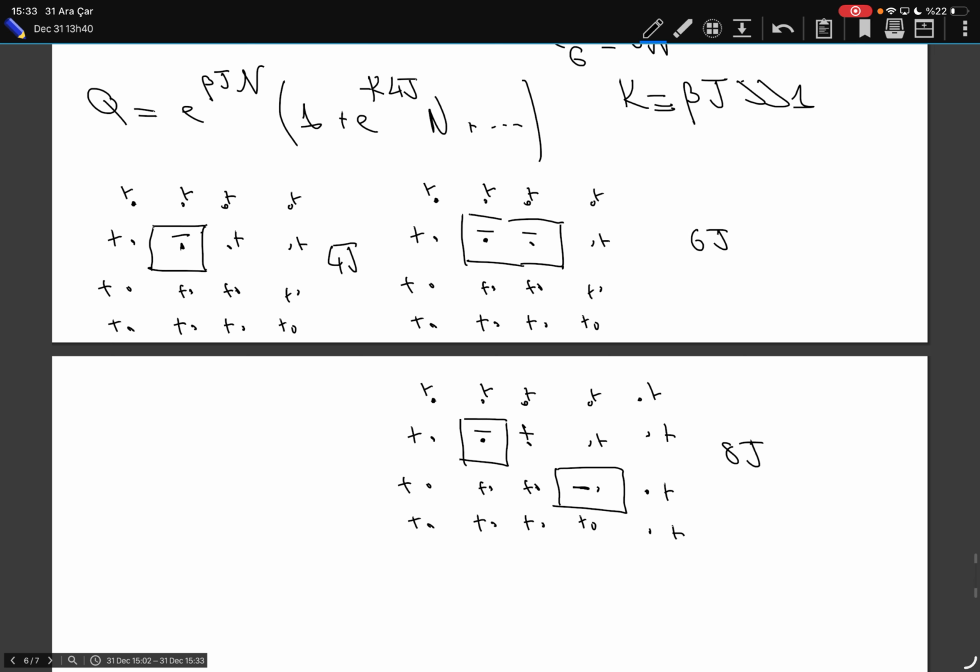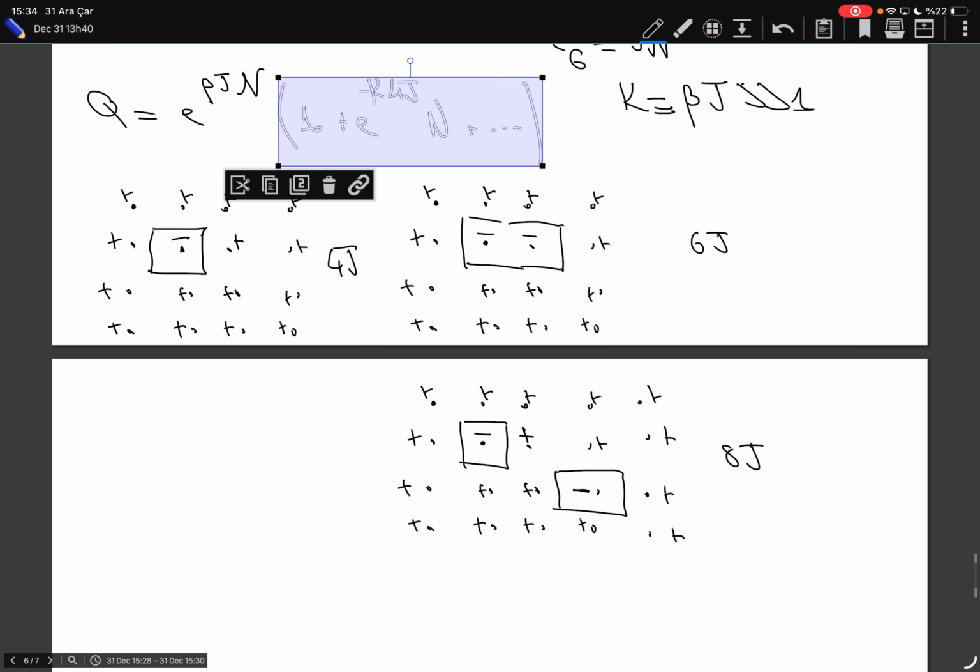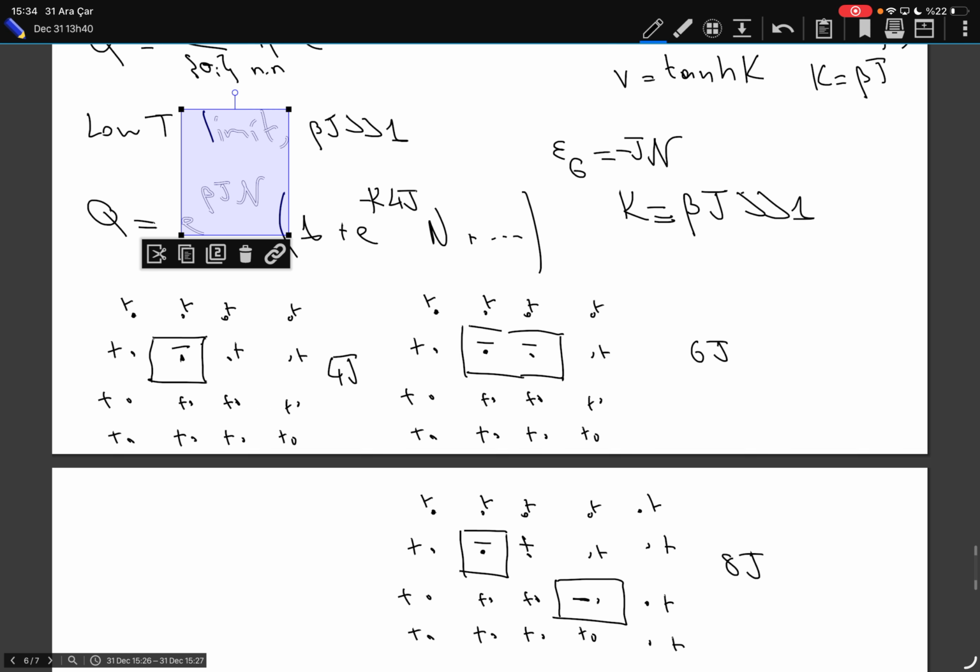Just imagine any loop that you can write down, any closed loop. Count the length of that closed path. The length gives you the energy of that system. And you can practically write down the corresponding contribution. The contribution to this sum, let's say, this is an overall factor, I can treat it separately.